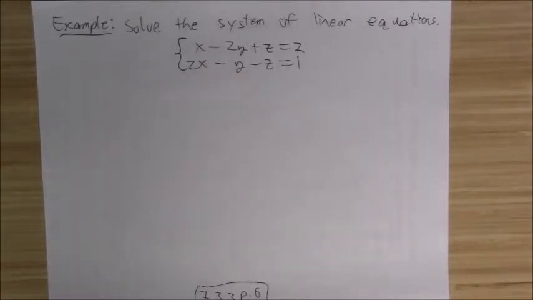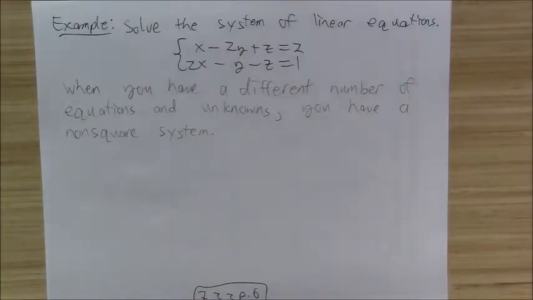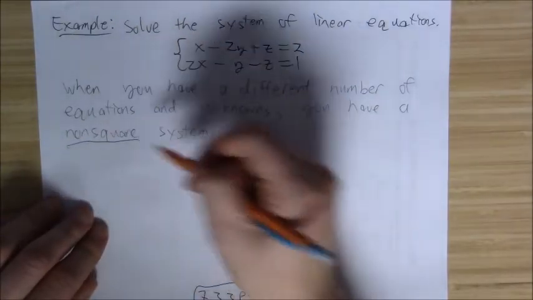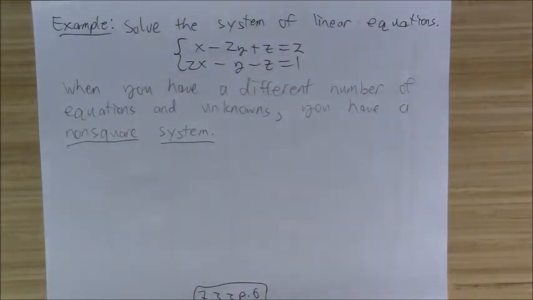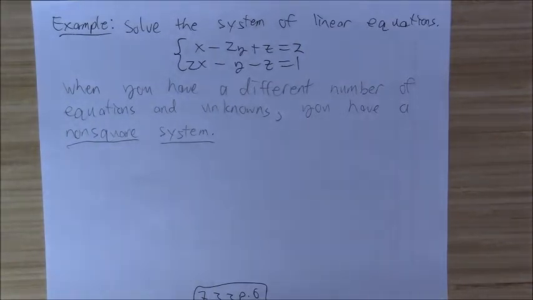Well, in general, when you have a different number of equations and unknowns, you have what's called a non-square system. You always expect one of two things in a non-square system. If there are more equations than unknowns, you expect no solution usually. There is a possibility that you have some redundant equations, similar to before when you'd get a square system.